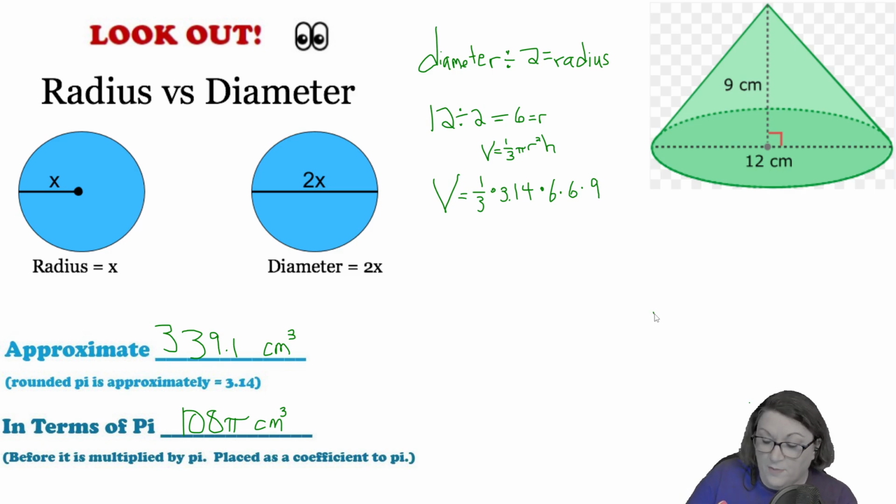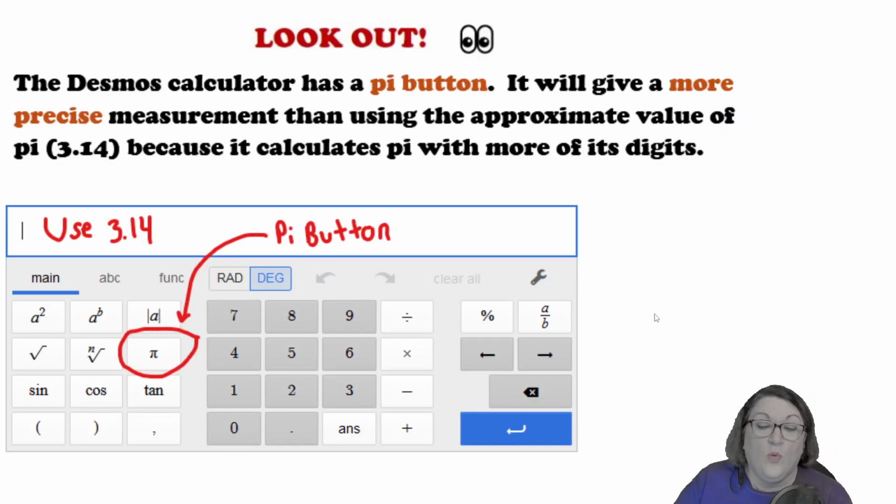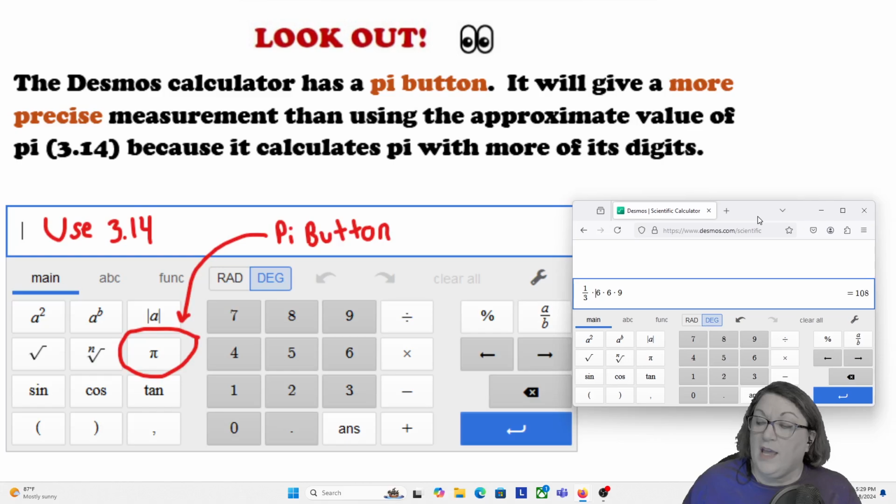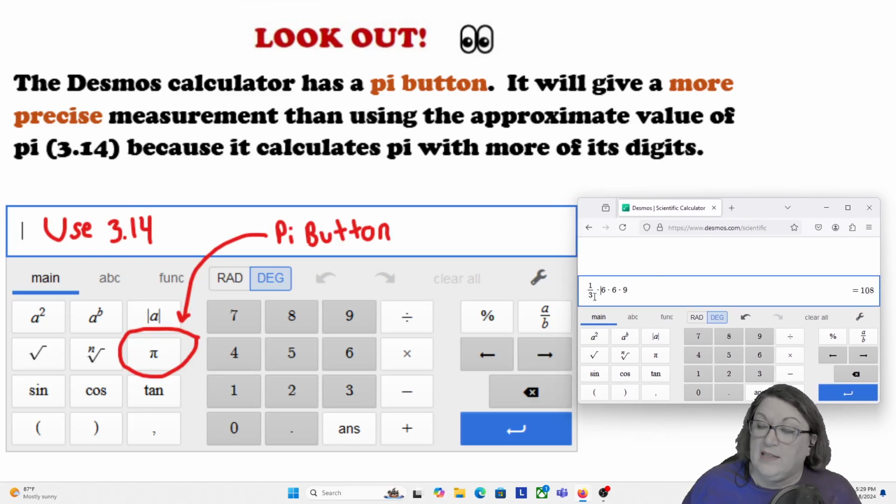Things to look out for besides diameter is when you're using the pi button instead of 3.14 on your Desmos calculator, you will get an answer that's close, but it will not be exactly the same. Let me give you an example. Okay, this is the last one we did, that green cone that we did.